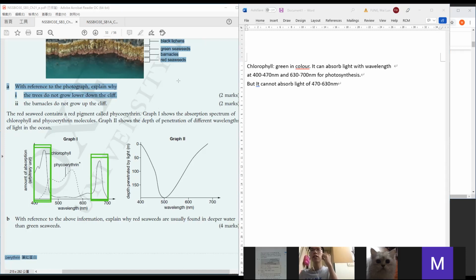Okay, so there's another type of pigment. I use red color.